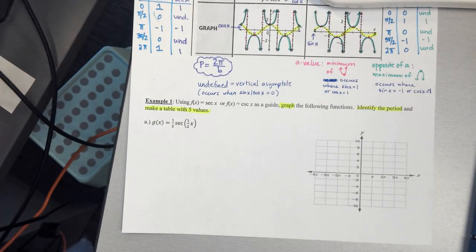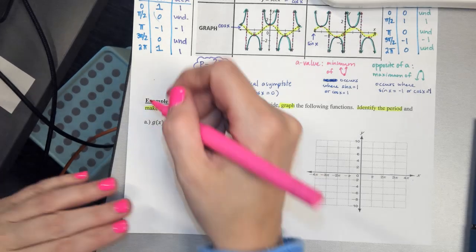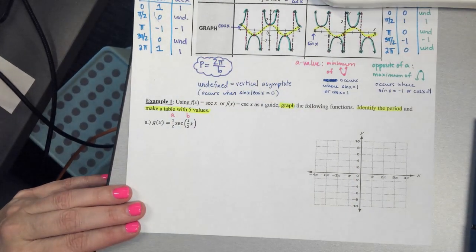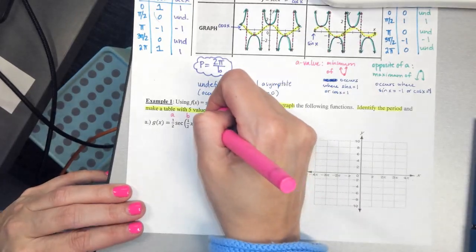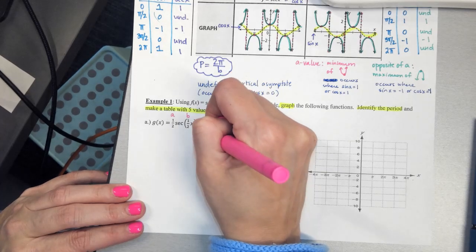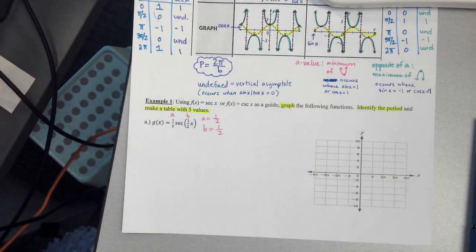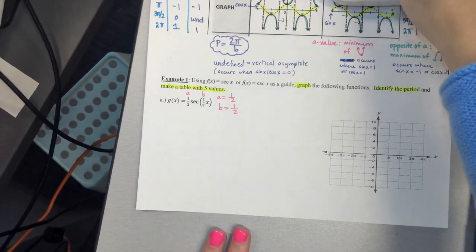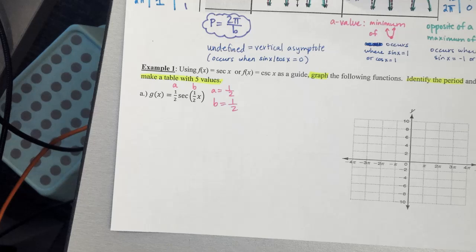Okay, so we still want to know what our a value is and our b value. So the a value is always in front of the function, the b value is in front of x. Okay, so the a value is 1/2 and the b value is 1/2. So the first thing we're going to do is find the period.